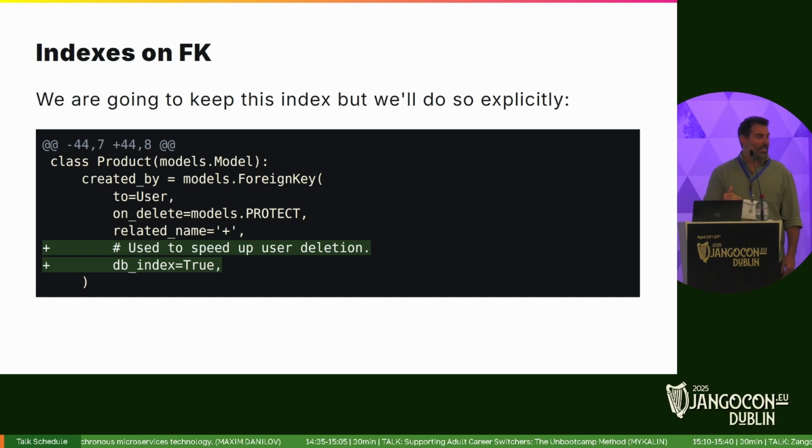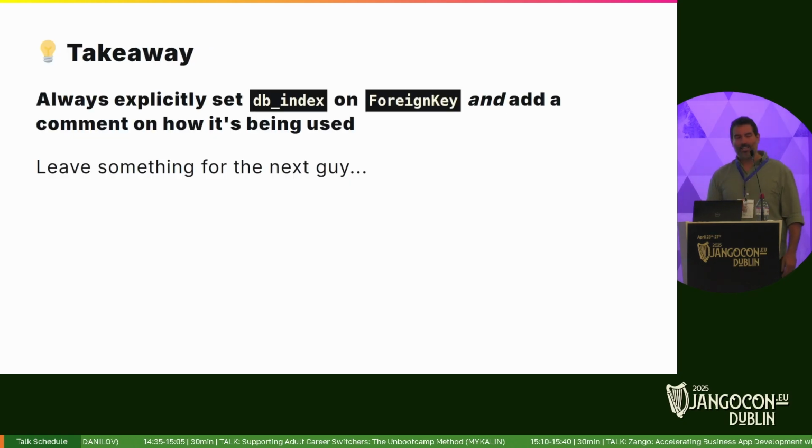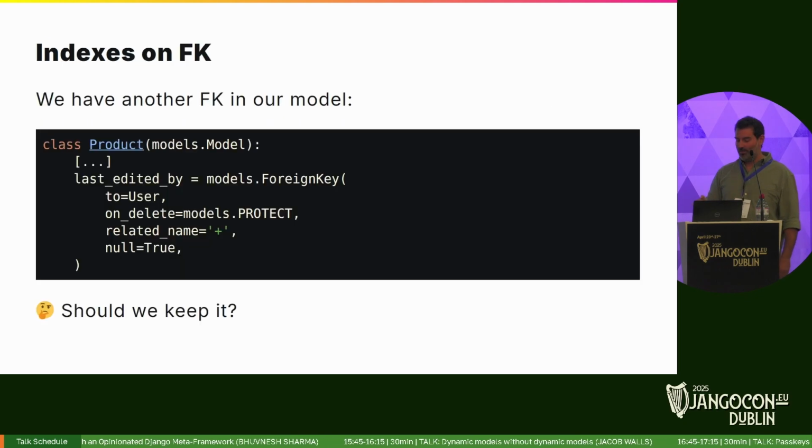And we're also going to add a comment explaining why we decided to keep this index. The next takeaway, and I can't emphasize this enough: always explicitly set db_index on a foreign key and add a comment explaining why. I went to the extent of adding a Django check to make sure that you always set db_index explicitly. Otherwise, you fail CI, someone will come yell at you.